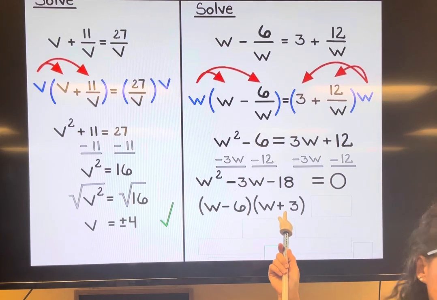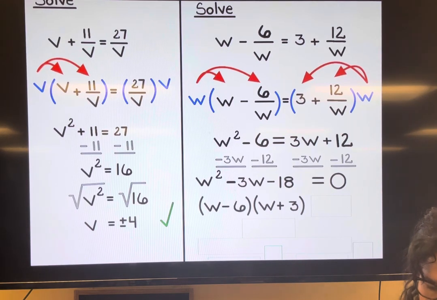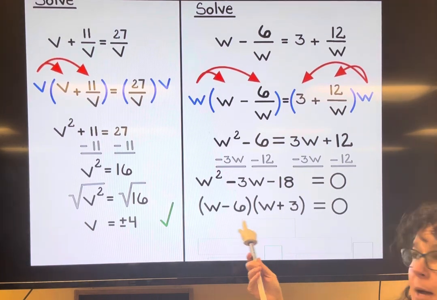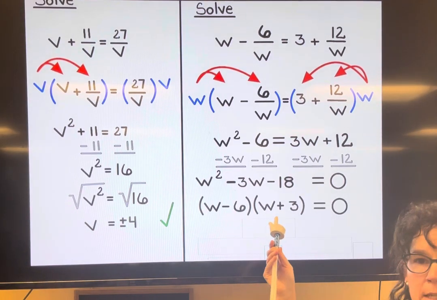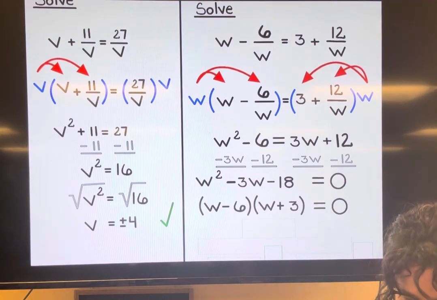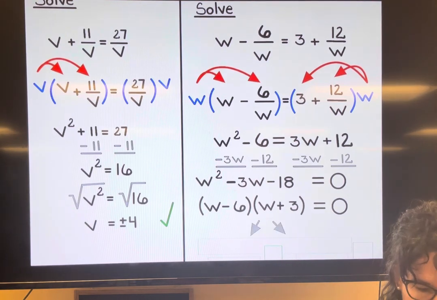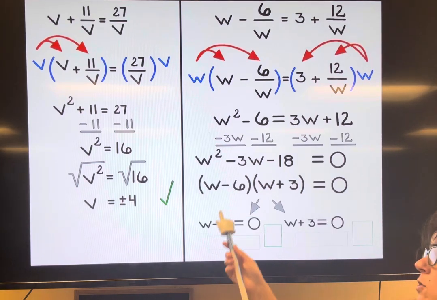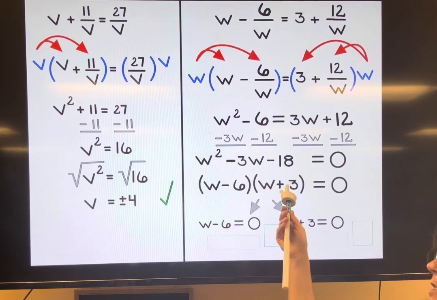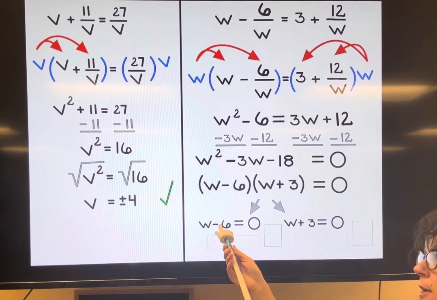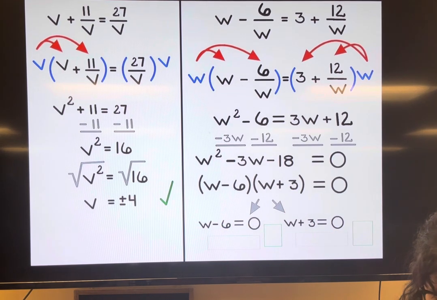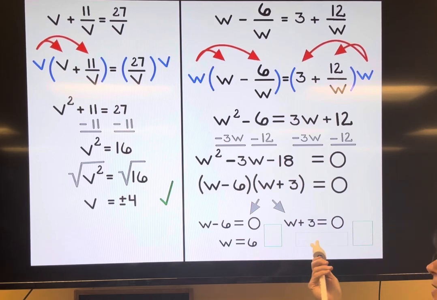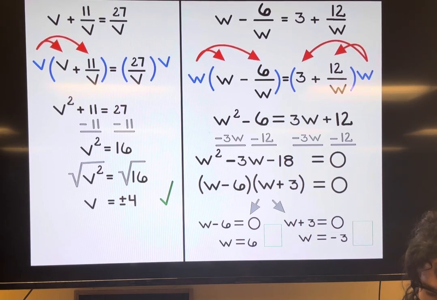When two things multiply together to get 0, the only way that happens is if one of those is equal to 0. So I'm going to set each piece equal to 0. So w minus 6 equals 0 and w plus 3 equals 0. If I add 6 to both sides, I get 6. If I subtract 3 from both sides, I get negative 3.